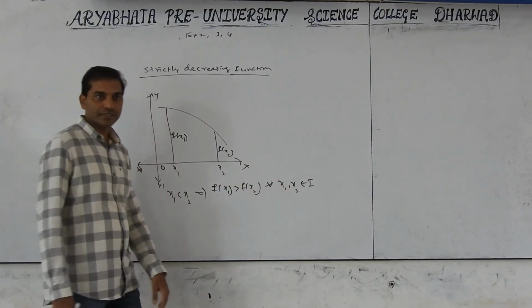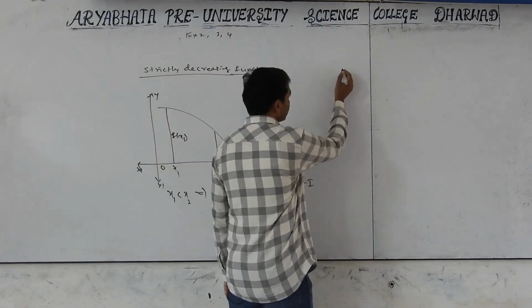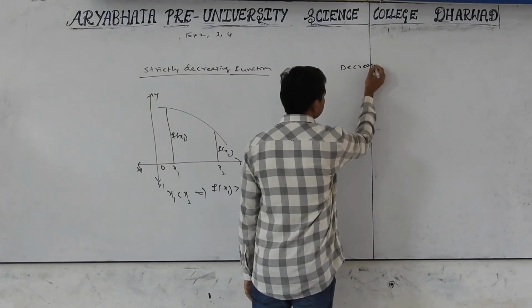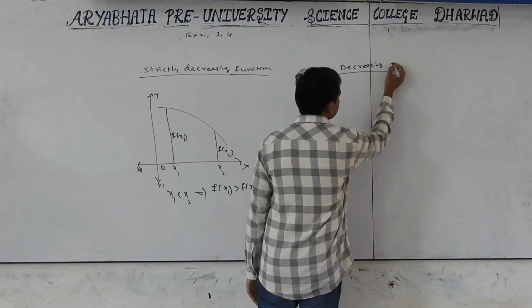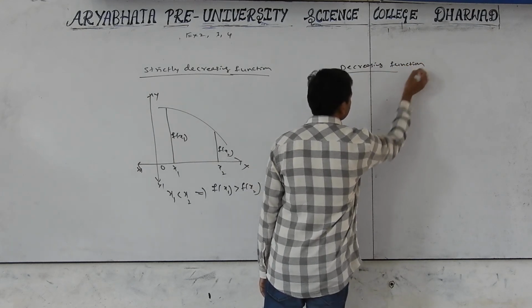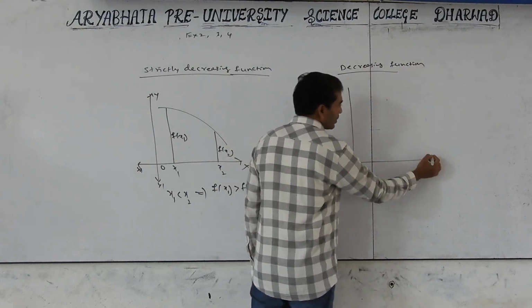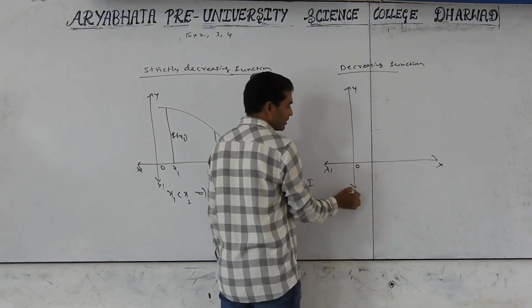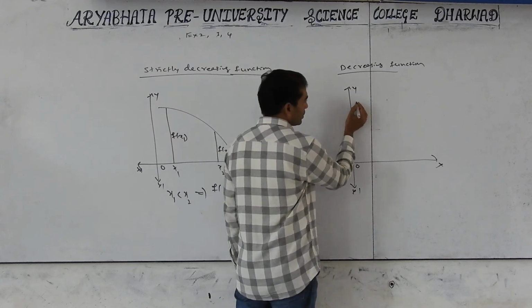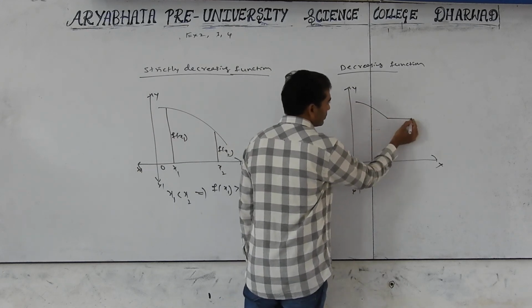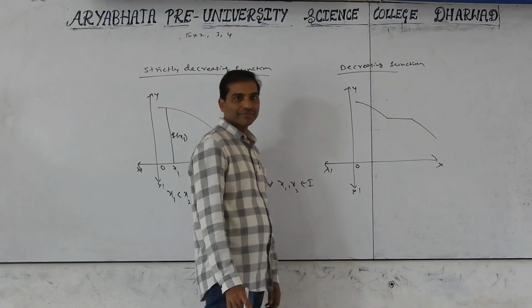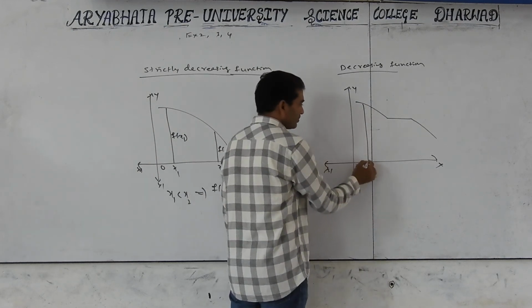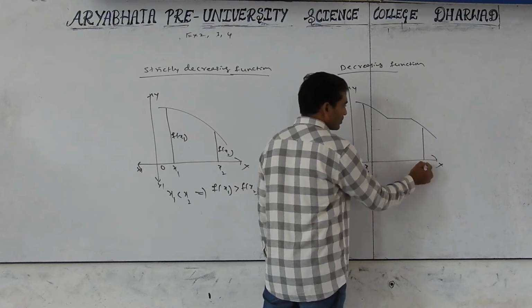Strictly decreasing. Next, decreasing function. See, X'OX, Y'OY. Like this. Here x1 is this point, this is x2.